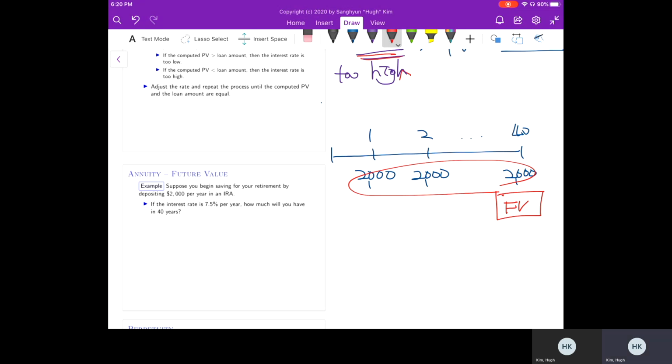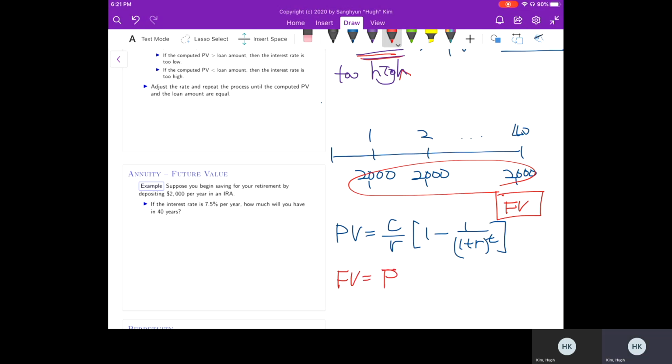In this lecture, we learned the present value of an annuity formula. And in the previous lecture, we learned the future value formula of a single cash flow.